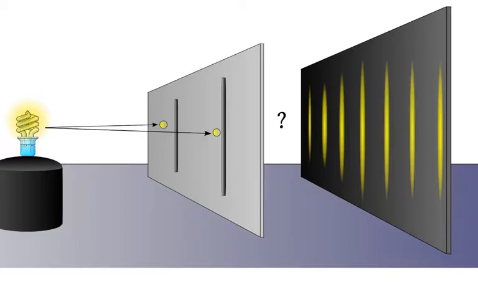pattern. So what we're gonna look at is how to calculate the distances between these bright fringes and the effect of cancellation where it's the dark fringes, where the light cancels itself.